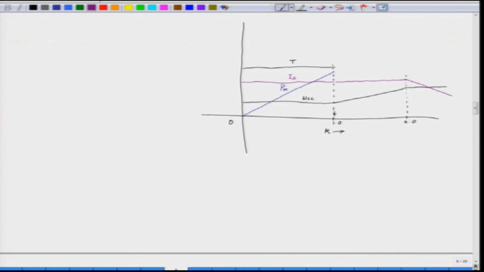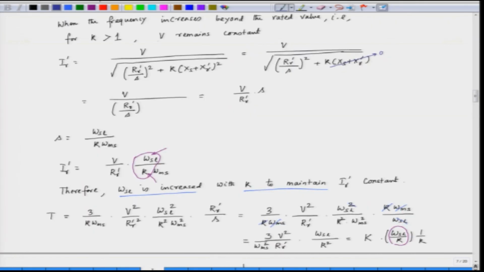And what about the power? The power here remains constant after the rated frequency, because the power is the product of voltage and current. So, the voltage remains constant, the current remains constant, and the power is the product of voltage and current. We assume that the power factor is 1, it is a resistive circuit.